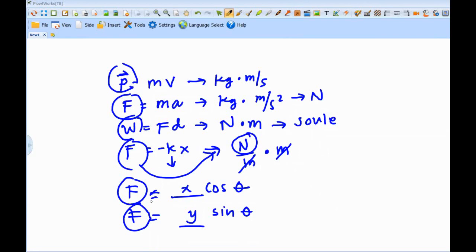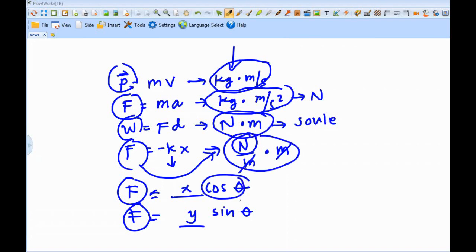Most especially in physics, you have a lot of formulas like this. And it is important to know them because they lead you to the exact unit of the unknown quantity. Kilograms meters per second squared corresponds to newton, so I will know that force has a value in newtons. If the mass is in grams, I cannot multiply it by the acceleration and get newtons, because a newton is kilograms meters per second squared.